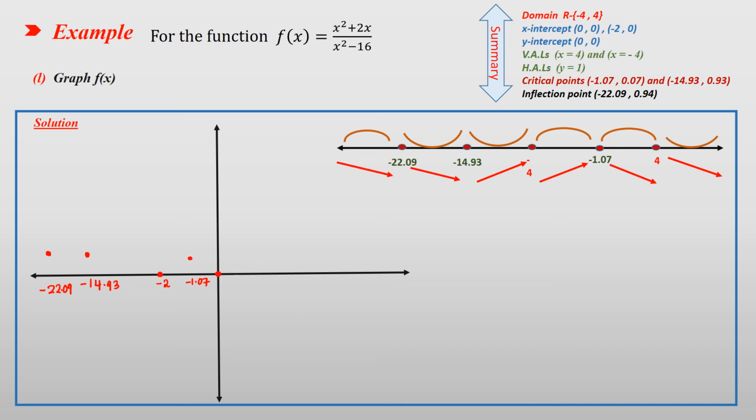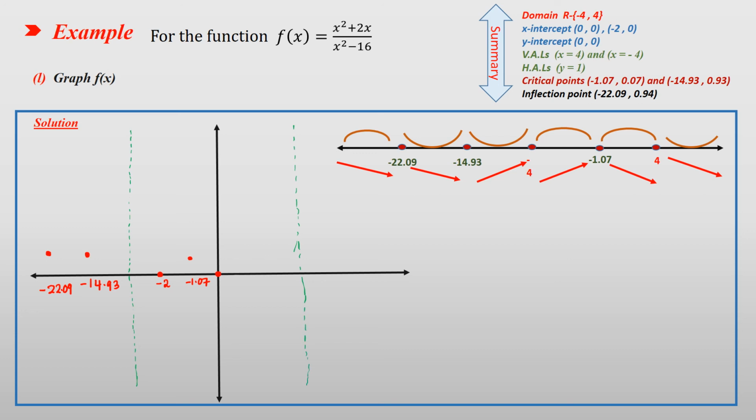Now we will start the sketch, but before that you have to draw the vertical asymptotes. We have x equals negative 4, almost here. This is the first vertical asymptote, and the second one, x equals 4.